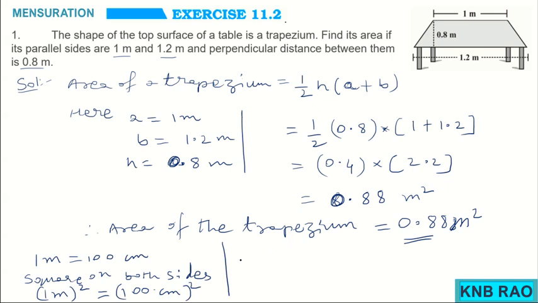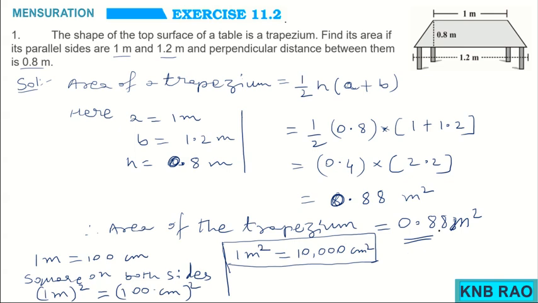It gives us 1 meter whole square as 1 into 1 is 1, meter into meter becomes meter square, implies 100 into 100 becomes 10,000, and centimeter into centimeter becomes centimeter square. So, 1 meter square conversion into centimeter square is 10,000 centimeter square.